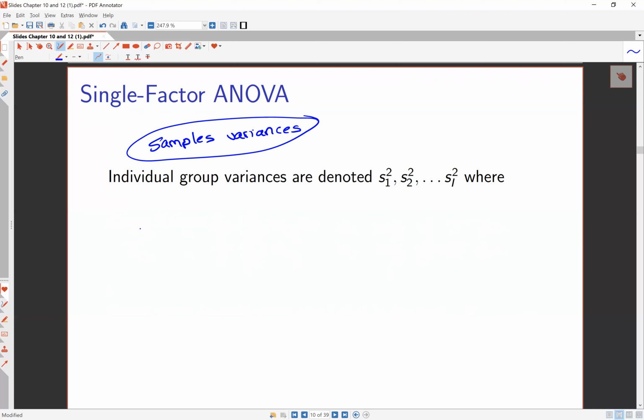But if you look at SI squared, so if we're looking at the ith group, that's just calculated the way you would normally evaluate a sample variance. So you take each observation in that group, subtract the group average from it, square the difference and sum, or of course we have the shortcut formula for sample variance that we've previously calculated, right?